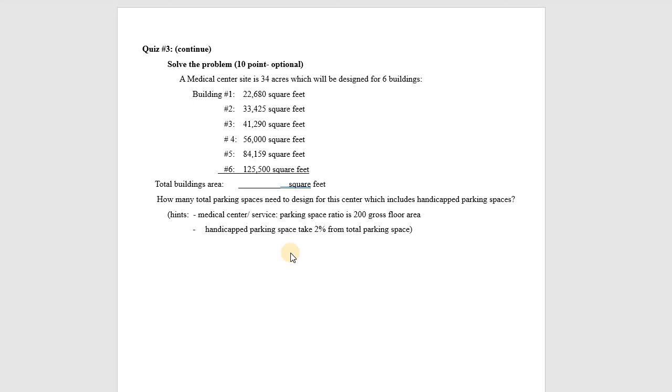I give you more paper to show the guideline for how to do parking space, and I also post this on Canvas for you to use for reference later. If you have a chance to calculate parking space, you will know how to do it with the area they give you.